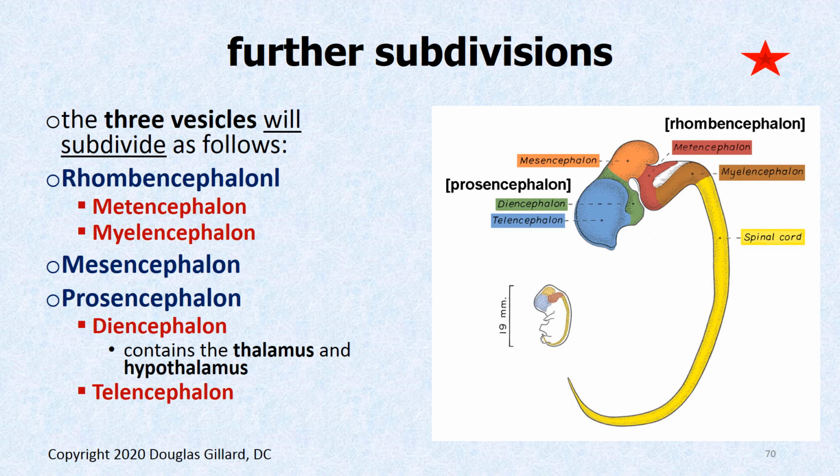The mesencephalon doesn't change, but the rhombencephalon morphs into 2 parts. A metencephalon, not to be confused with the mesencephalon, and the other portion of the rhombencephalon that manifests is the myelencephalon, which will, of course, become the brainstem. But I won't go any further than that.